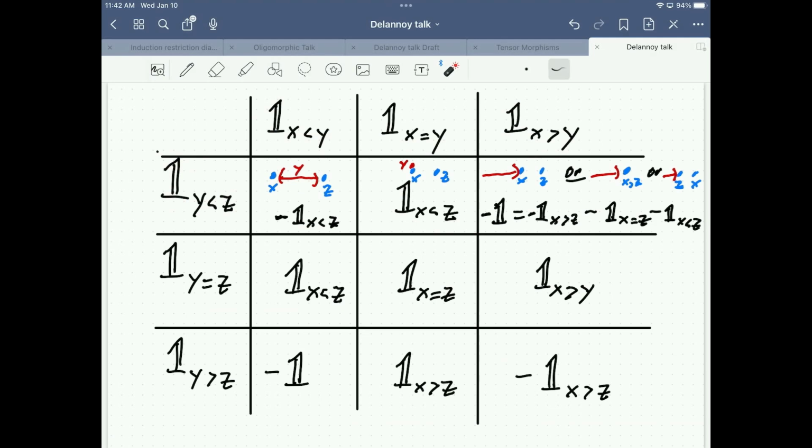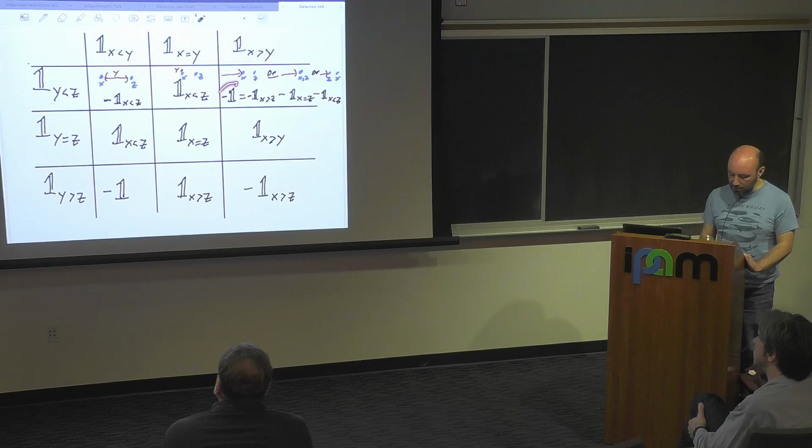That's always going to be some open interval, smaller than both x and z, that has measure -1. So I'm going to get -1, but it doesn't care what order x and z are in. So you could say that this is just minus the function that's 1 everywhere, or you could say it's the sum of minus each of those three terms.